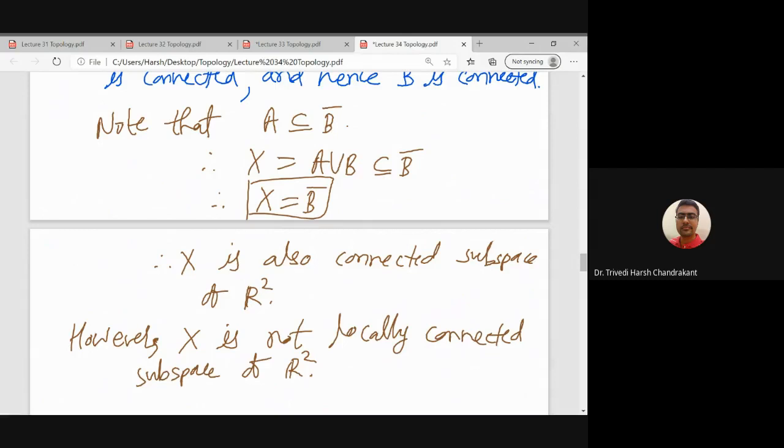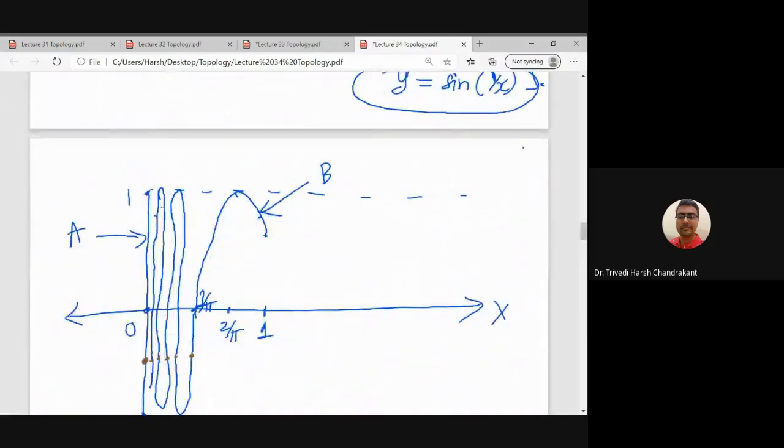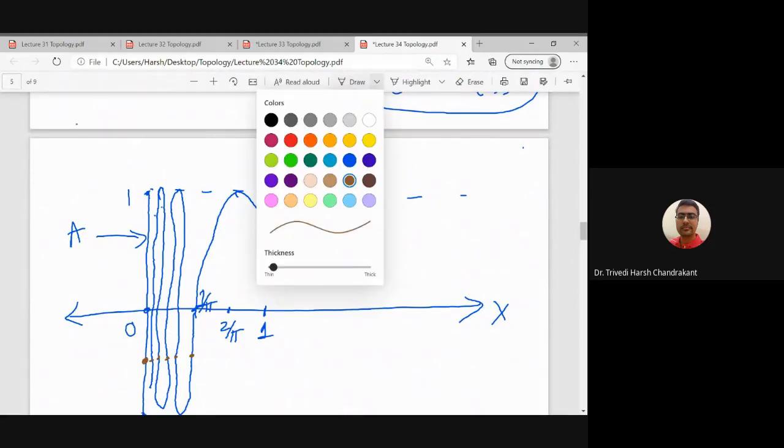So if I consider X to be locally connected, then in every open set I should be able to find a connected basic open set which is contained in that set.